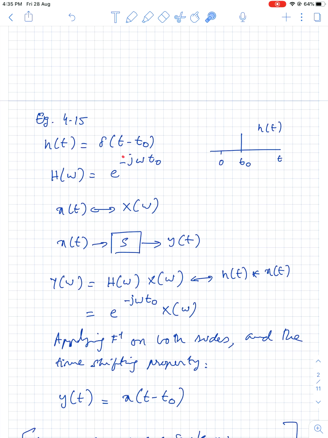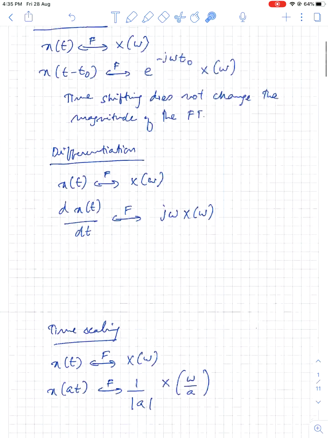So you know already from the previous class that the delta function has a Fourier transform which is 1, which is constant across all frequencies. The delta function contains all frequencies, and delta of t minus t naught is nothing but a time shifted delta function.